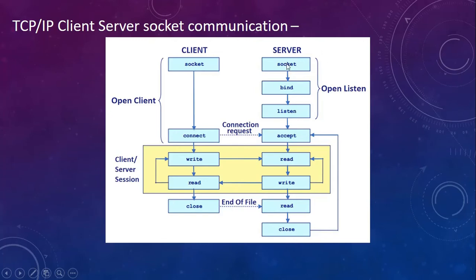So what server socket does is it starts continuously listening. So it opens the listen method, and server socket continuously listens for any client's request that can come to it, right? So the server will constantly listen to any request that comes from any clients.